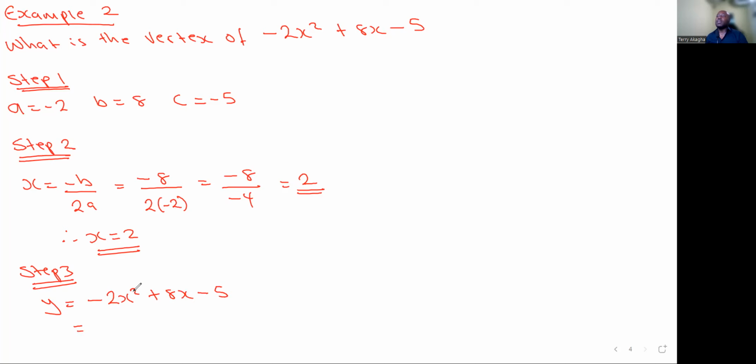Anywhere you see x, you're going to put 2. So it's going to be minus 2 times 2 squared plus 8 times 2 minus 5. When you put this in your calculator, your y will be equal to 3.